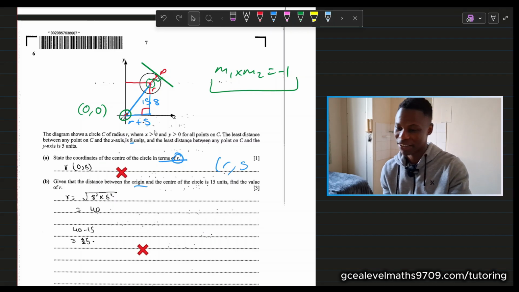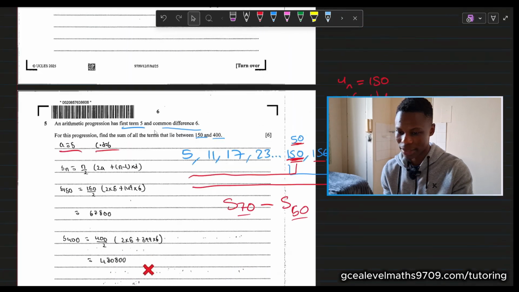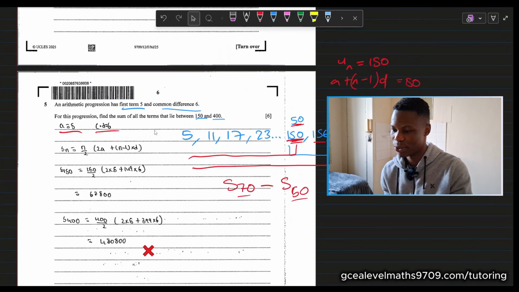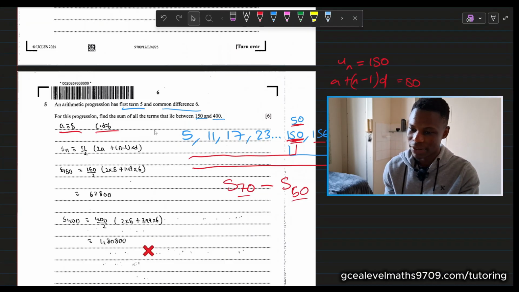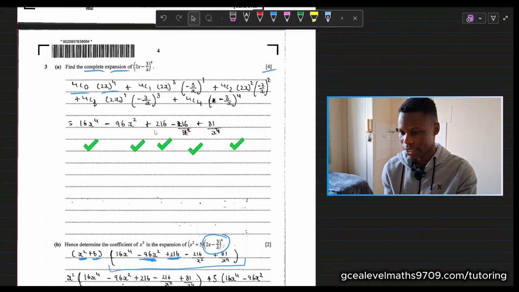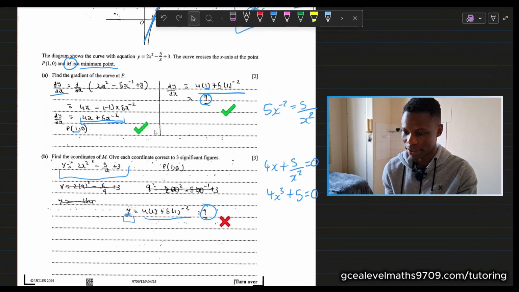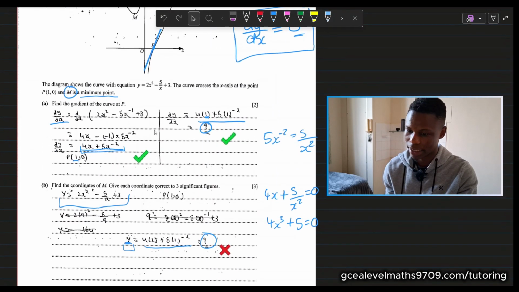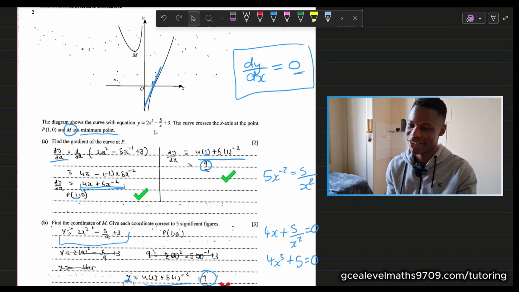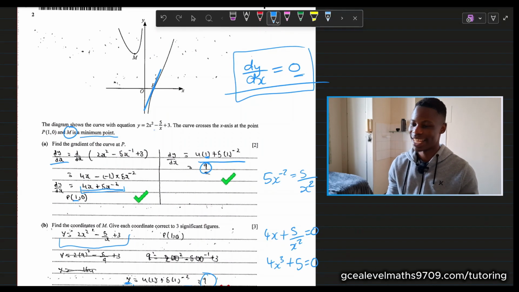The 6 marker, what was the 6 marker about? Yeah, this one's understandable. It was a bit challenging. Differentiation is a bit iffy still. You could have done better because this is a basic stationary point question that you need to know, that at a stationary point dy dx is 0.